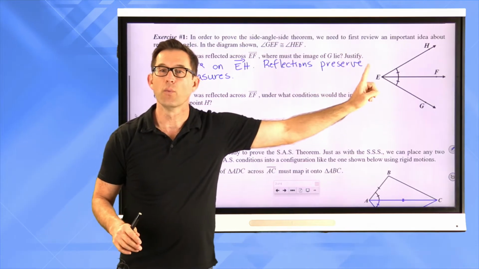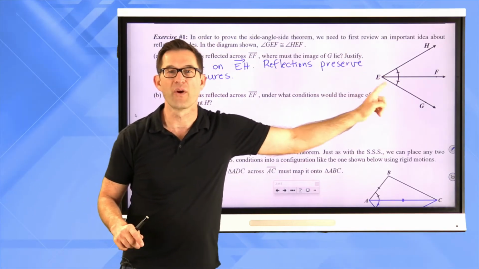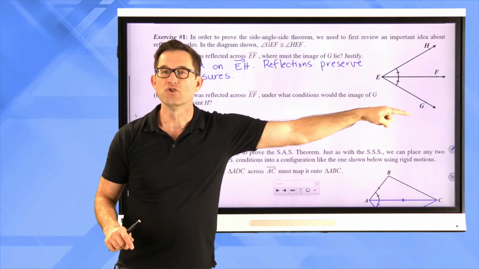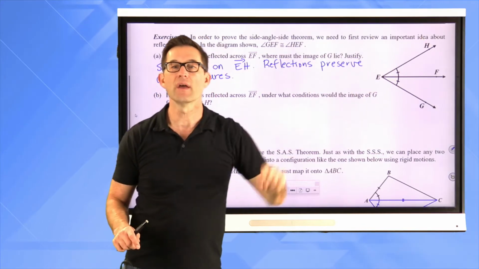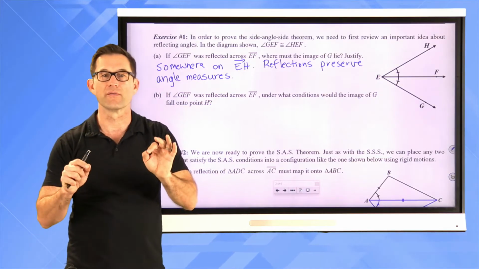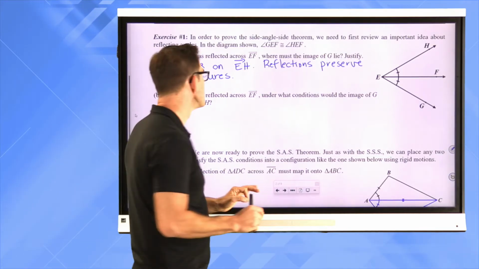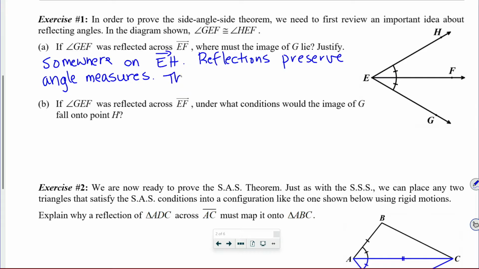E prime and F prime land right on top of E and F. G prime, though, would have to lie somewhere on EH in order to preserve that angle. So therefore, G must map onto EH to preserve the angle.